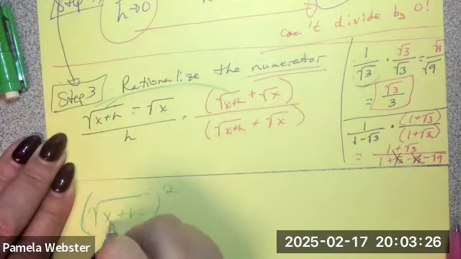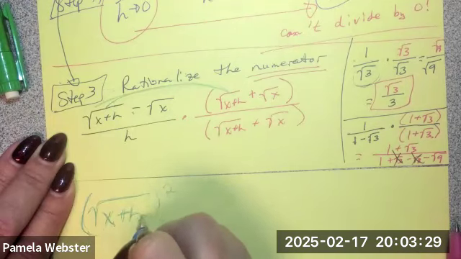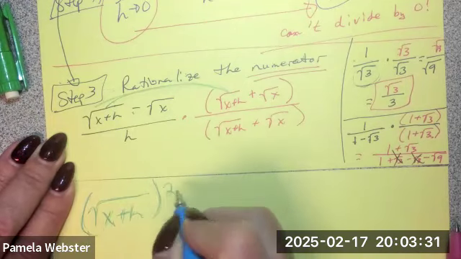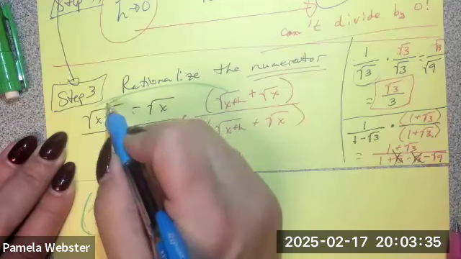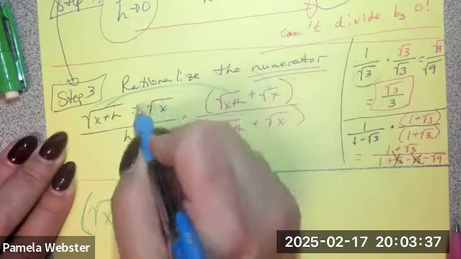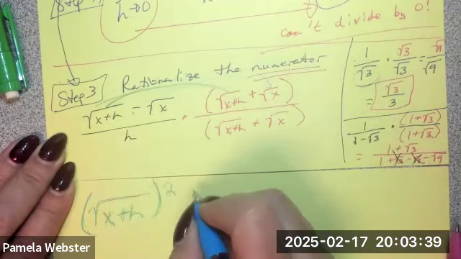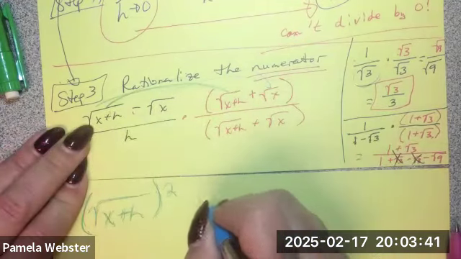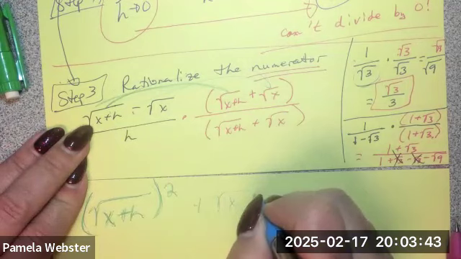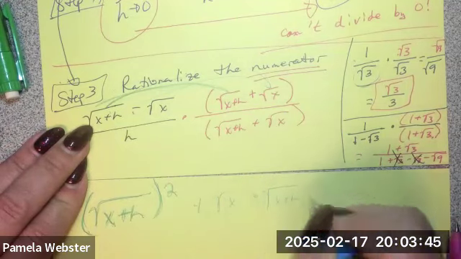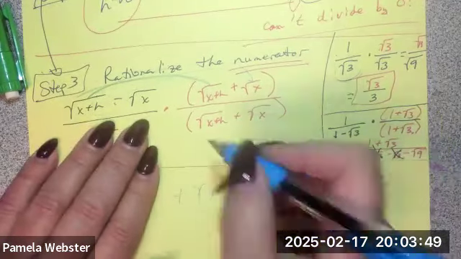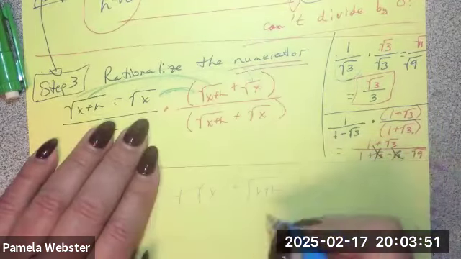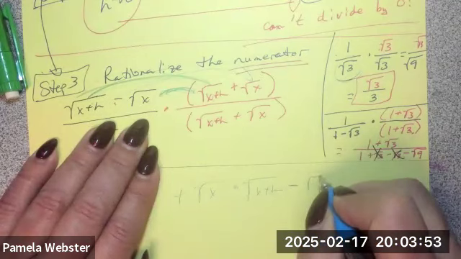Square root of x plus h times itself is squared. Okay, here we go. This guy times that right there. Okay, so plus square root of x times the square root of x plus h. Okay, we don't know what that is, but we don't care because whenever we do this guy, we're going to get a minus that guy.